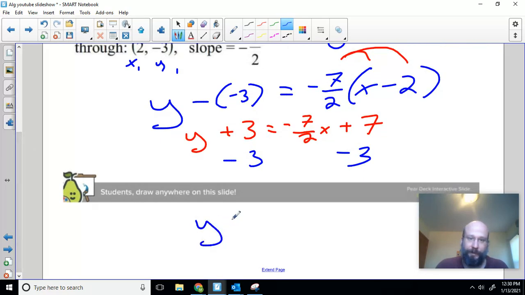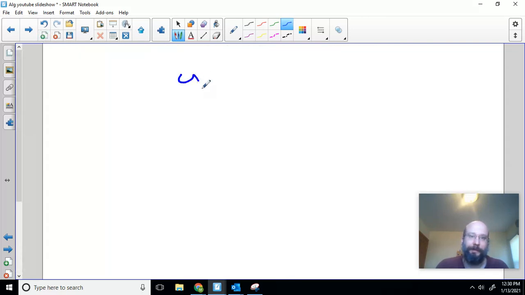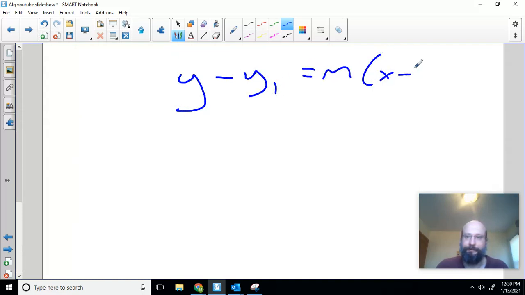And we're left with y equals negative 7 over 2x plus 4, because 7 minus 3 is 4. That's it. So really, you just have to remember this formula. And y1, x1, and m are all going to have numbers, and then you just simplify.